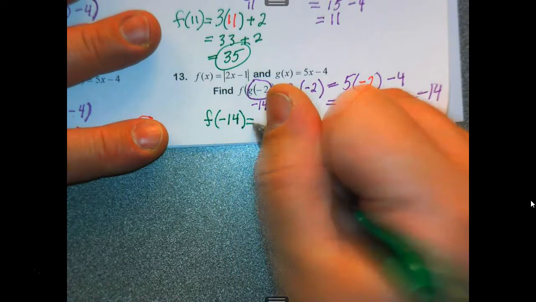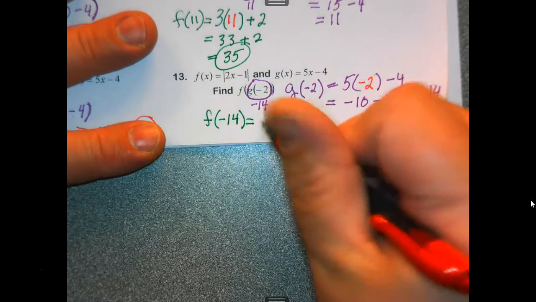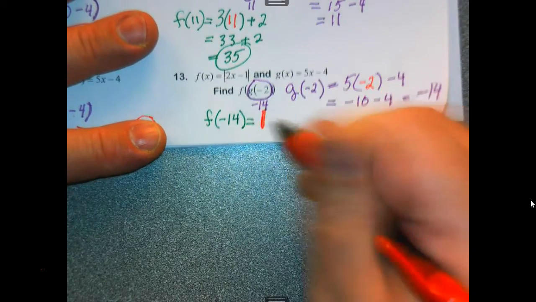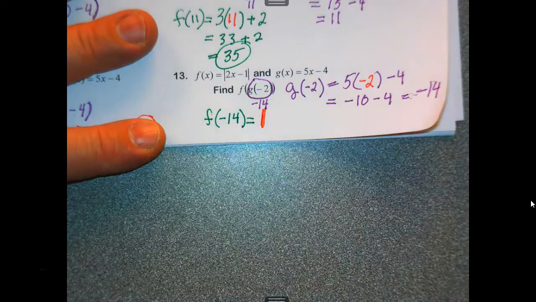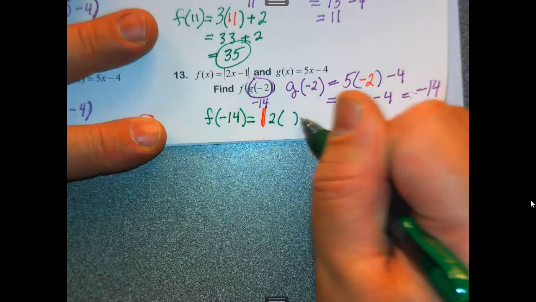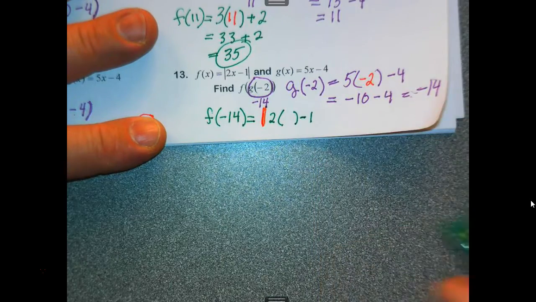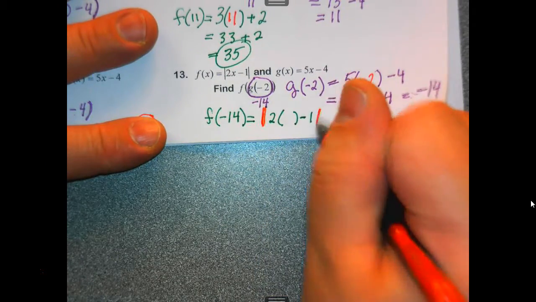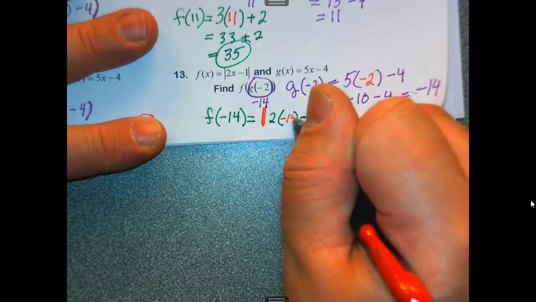And my f function is the absolute value of 2 times x minus 1. Yep, negative 14.